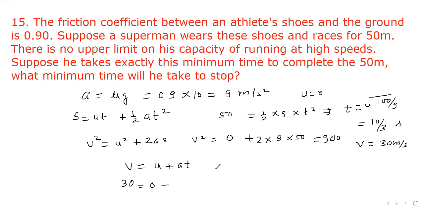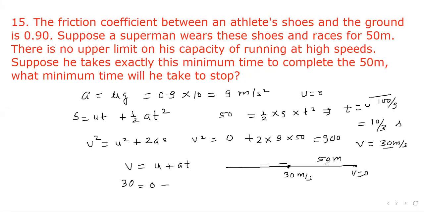Or we can say the starting velocity, the athlete's velocity here, is 30 meters per second. He has covered the distance, either we take it backward or we can take the same distance in this direction, 50 meter. At this position, this is the velocity, so take it as 30 meter per second. Here the athlete stops. It means v becomes 0.